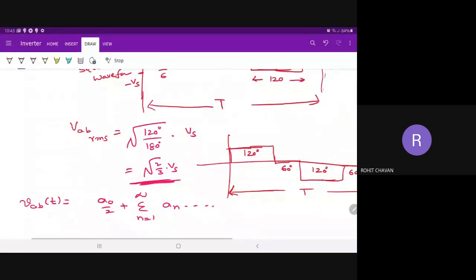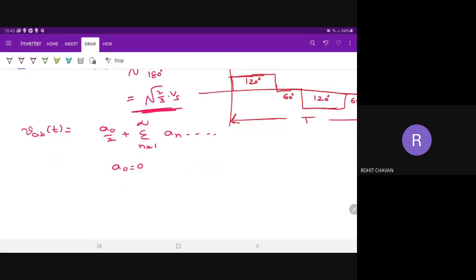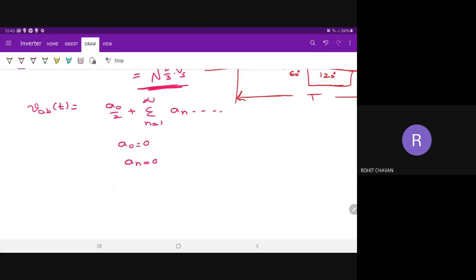Anyway, this a naught is 0 because this waveform is symmetrical, and an is also 0 by choosing the reference. In case of bn, if we integrate, what is the integration?